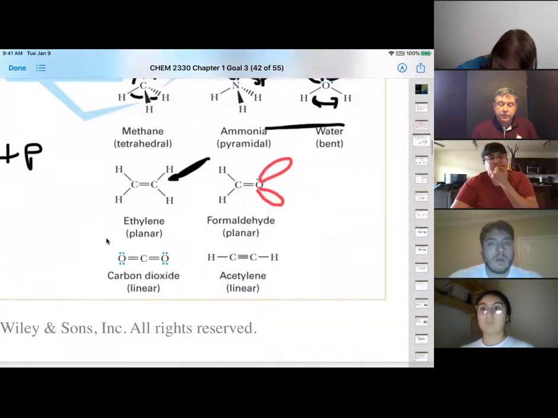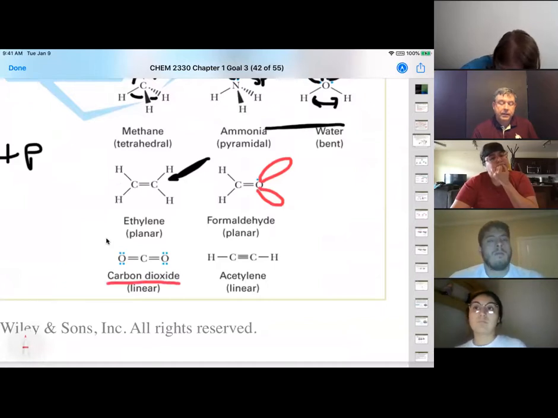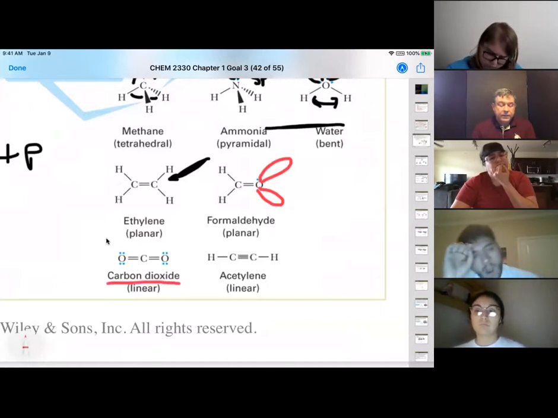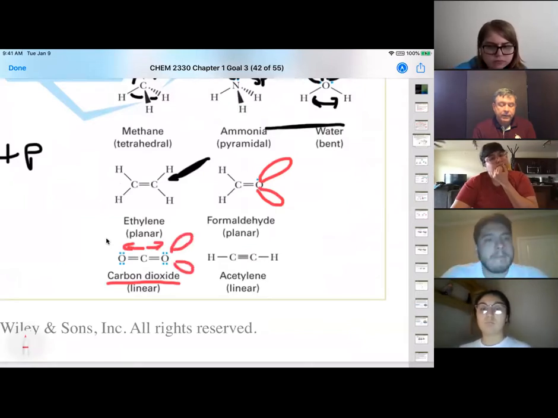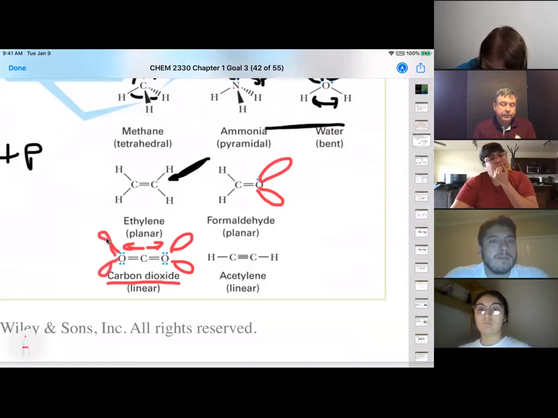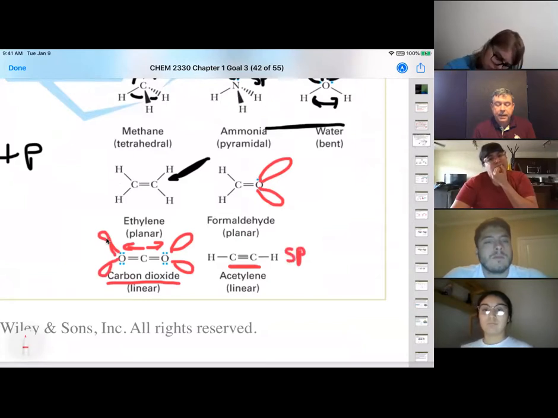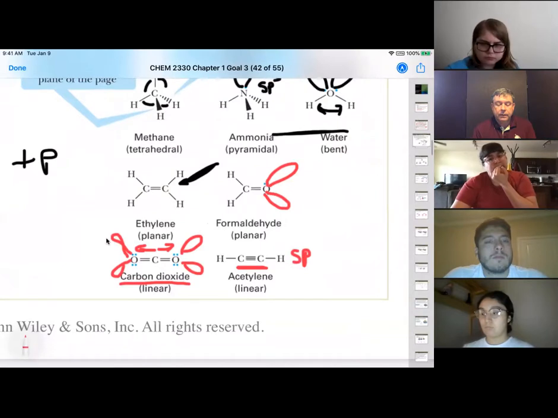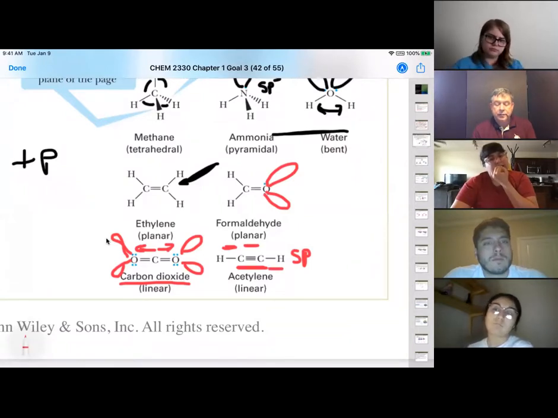Two examples. One example is this linear carbon dioxide. And if you notice, this part is linear here, but the electronic domains on the ends are still trigonal planar. However, in acetylene right here, this is actually sp hybridized, and both the hydrogen bond and the carbon-carbon bond are linear, and this carbon-carbon bond and this hydrogen bond on the other side are linear.